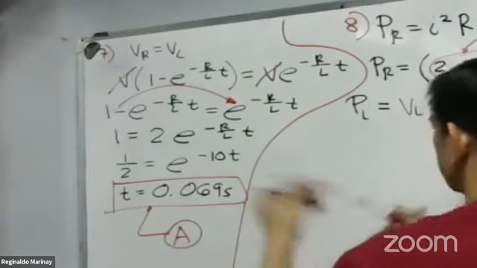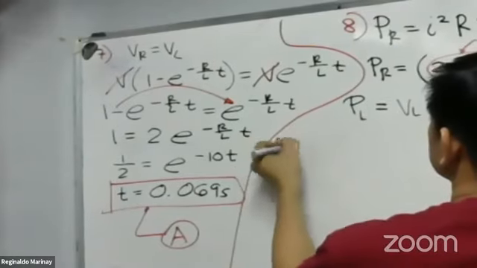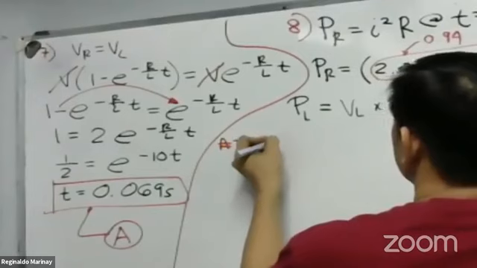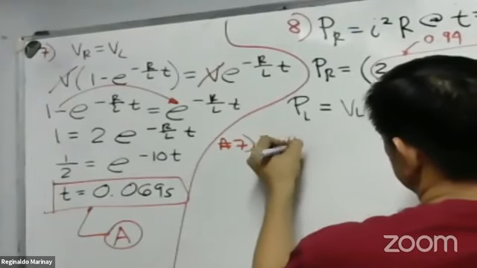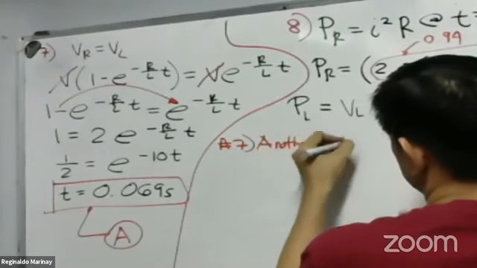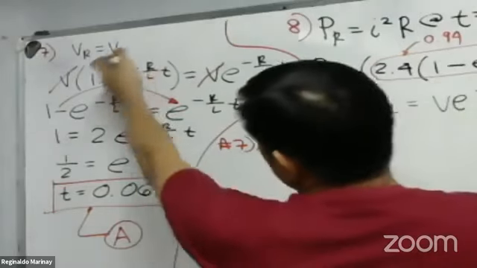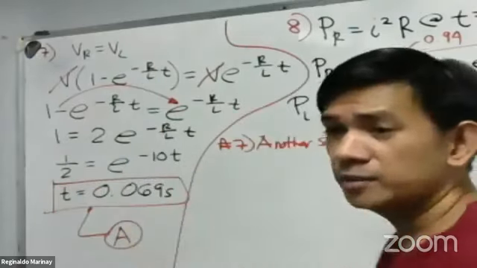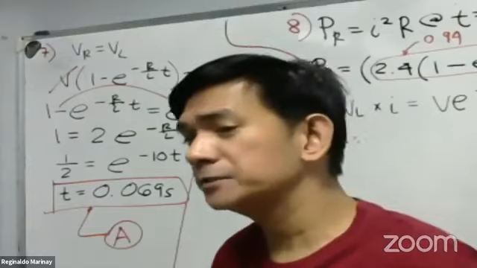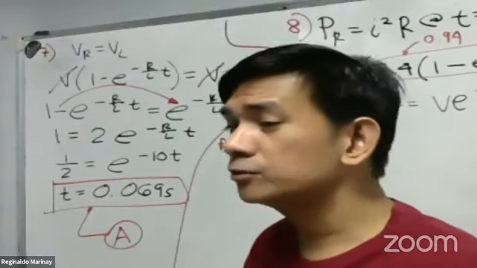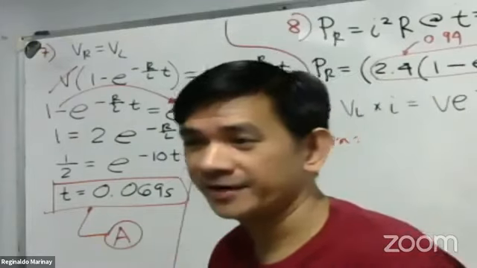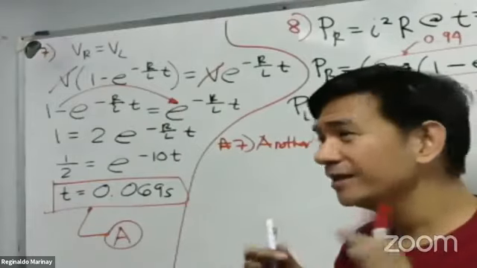For number 7, let's have another solution, because I just saw this in a reviewer of electrical transient. Let's go to Marinai's way.